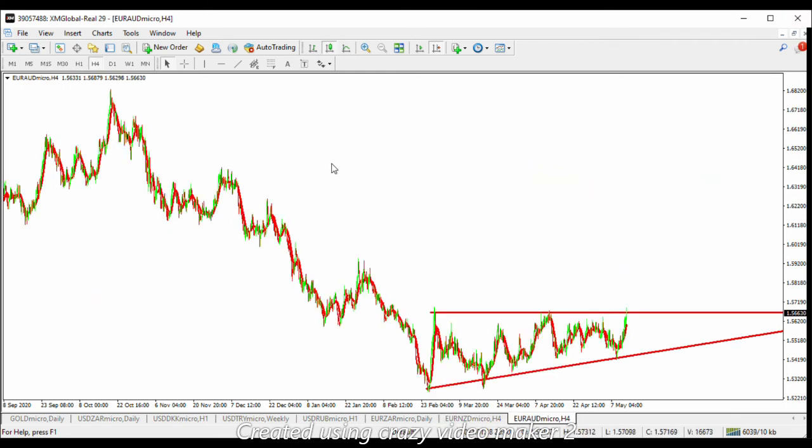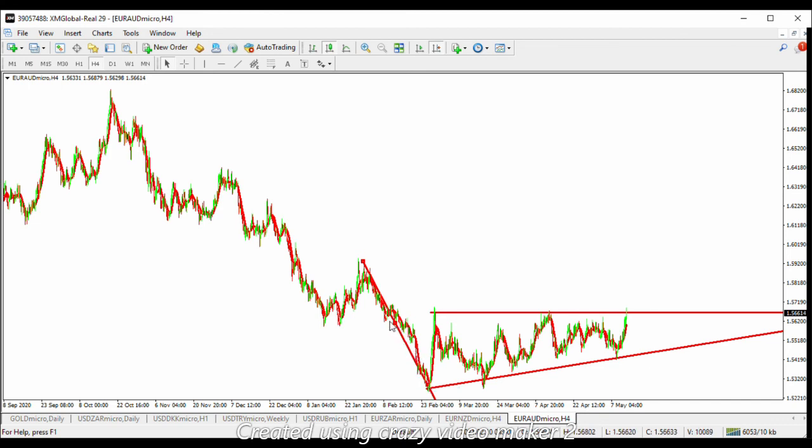Euro odd. This is a little bit different, even though it's correlated with the Euro New Zealand. I think this looks like a bullish pennant, a bearish pennant, or it could be a bullish pennant, and then you'd be buying both the Euro and the Euro odd. But it does look a bit like a bearish pennant. So you would measure it in the opposite direction as you did with the Euro New Zealand that we just looked at.